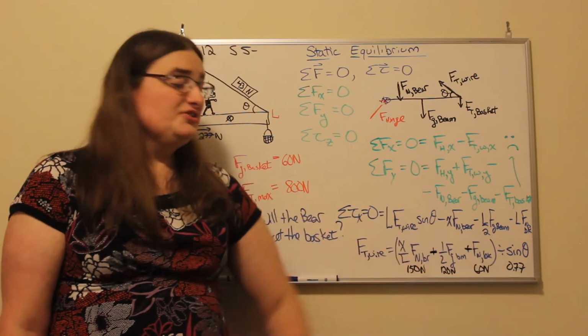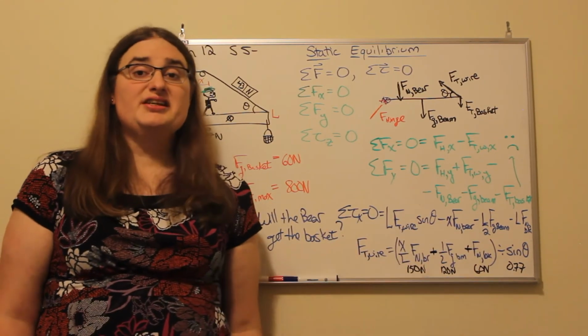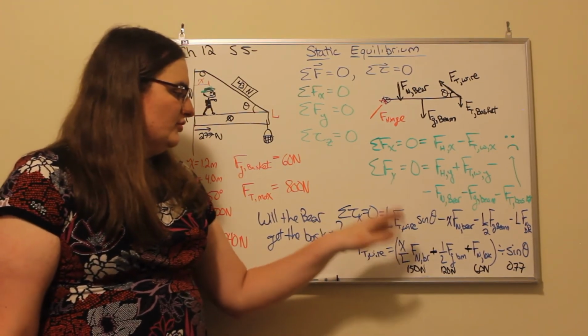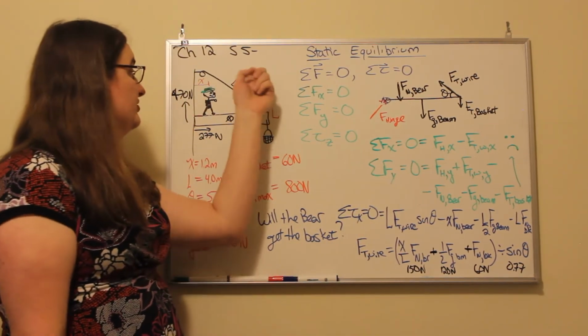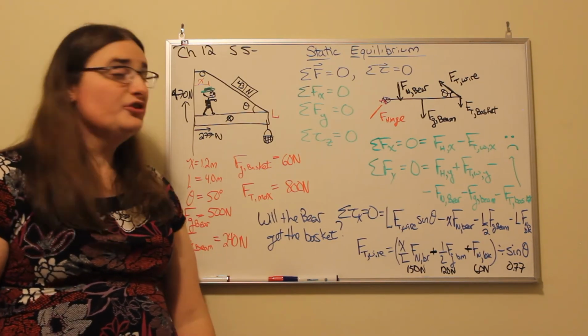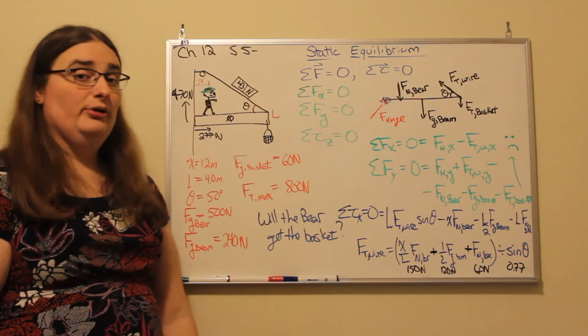Then I would have to divide by the sine of my angle, and the sine of 50 degrees is 0.77. So if I take that 333 newtons, divide by the sine of 50 degrees, that means that wire has to have 431 newtons of tension to keep the bear in static equilibrium.